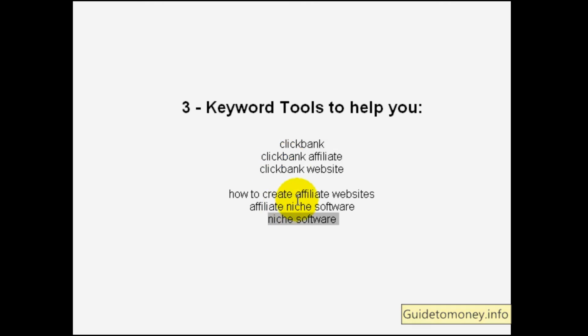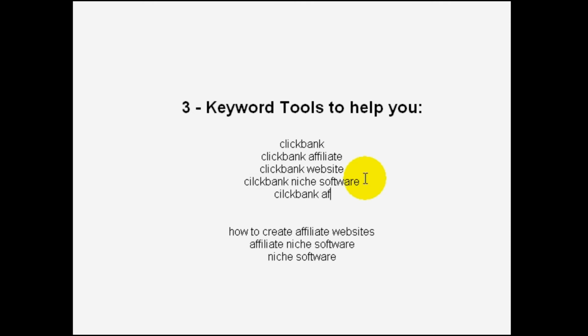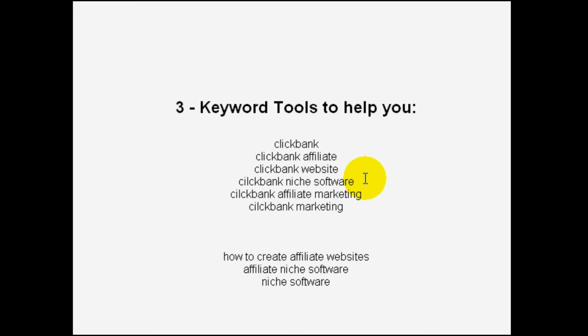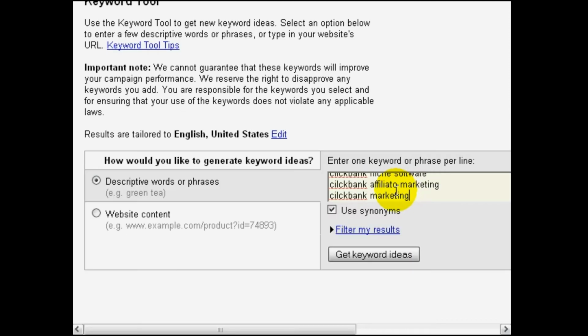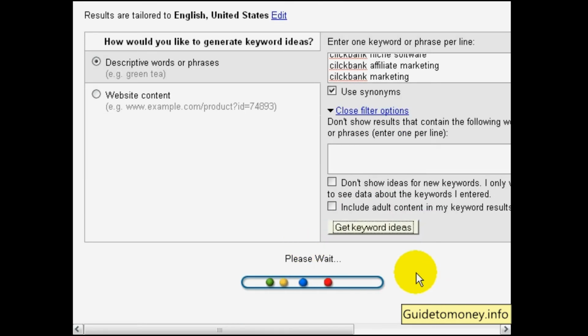And I'm going to add to this as general ClickBank keywords: ClickBank software, ClickBank affiliate marketing, ClickBank marketing. And once we're done with that, we can just basically take those general keywords, enter them here, one keyword per line, use synonyms, click on Get Keyword Ideas.